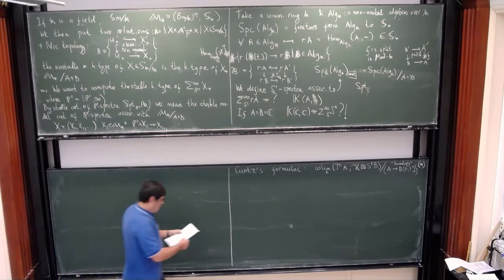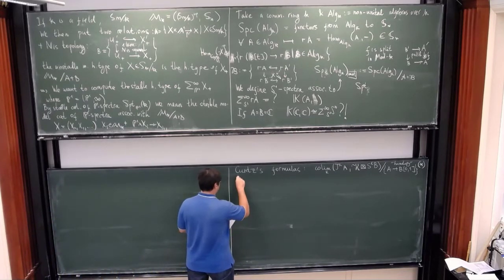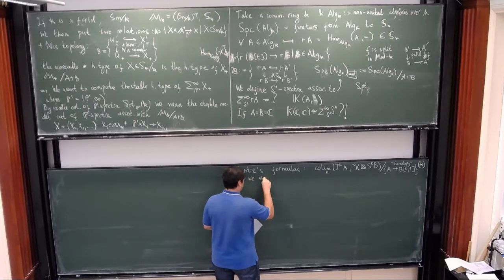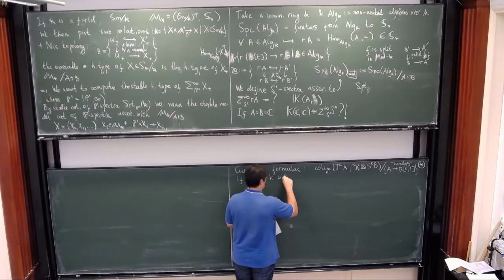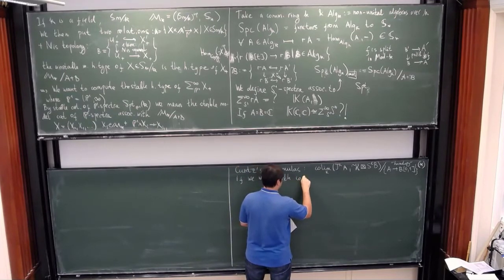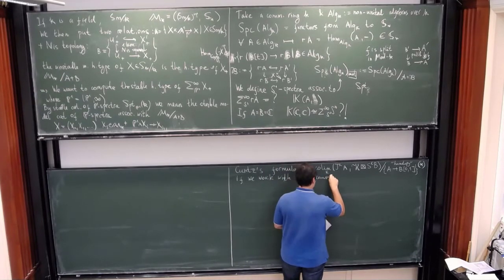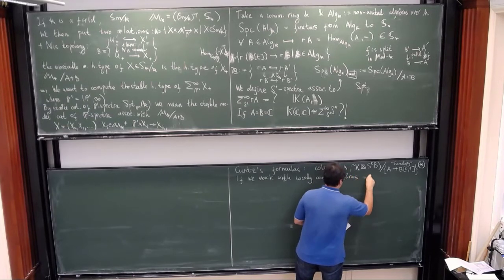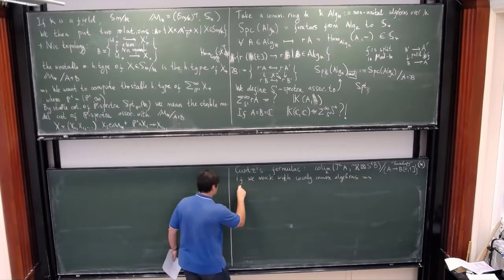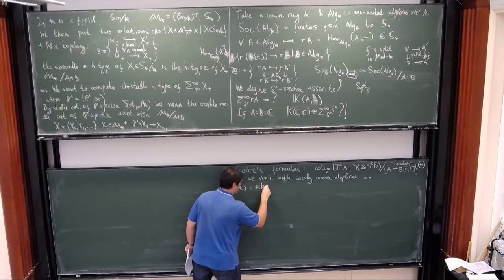But if we work with locally convex algebras, then star is nothing but what we call KK small after Cuntz.